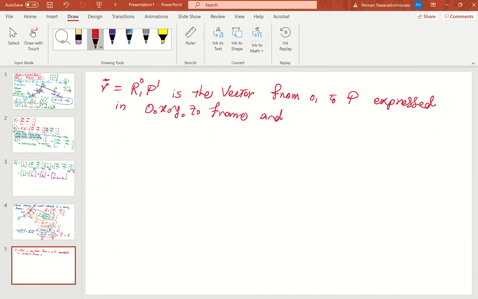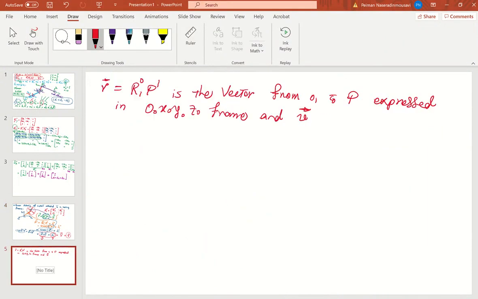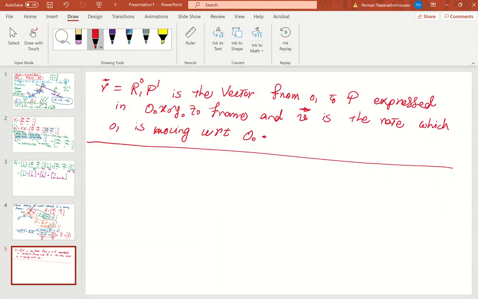And V, small v, that we set here, this small v is the rate at which the origin O1 is moving with respect to O0. Bingo, we got that.